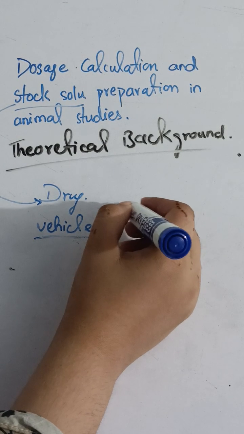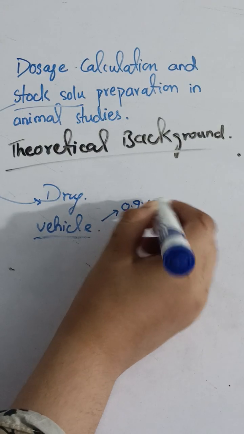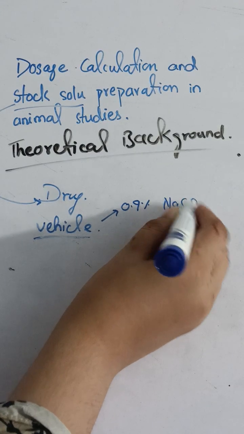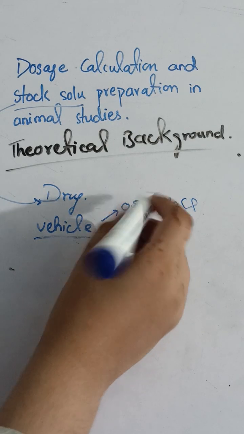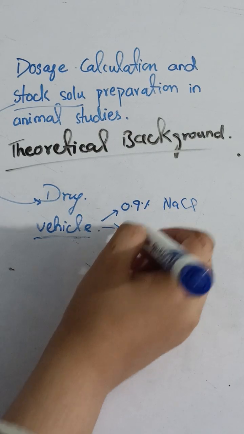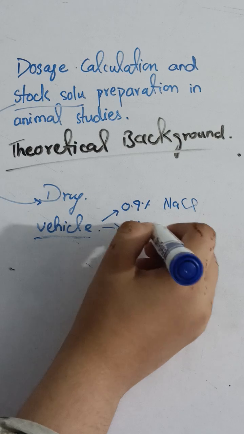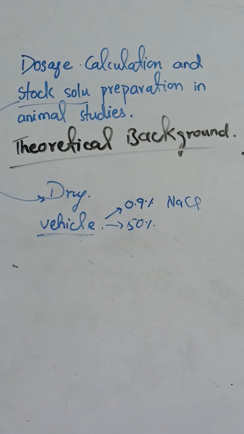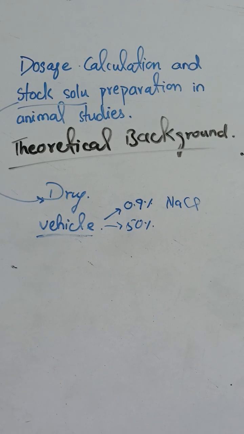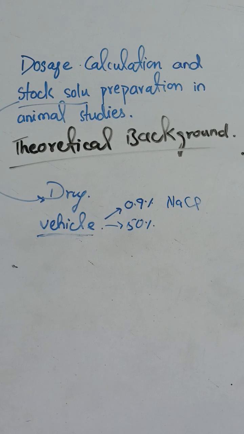Normal saline is the 0.9 percent NaCl solution, and mostly it is used instead of water. And the next example of a vehicle can be 50% polyethylene glycol. So these are some of the major vehicles that we can use in the preparation of stock solution. Now we will start the dosage calculations.